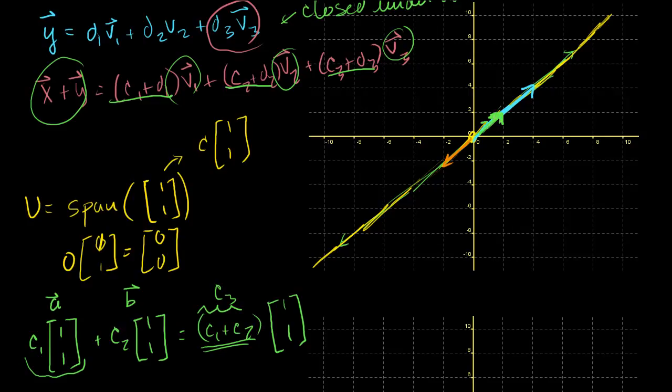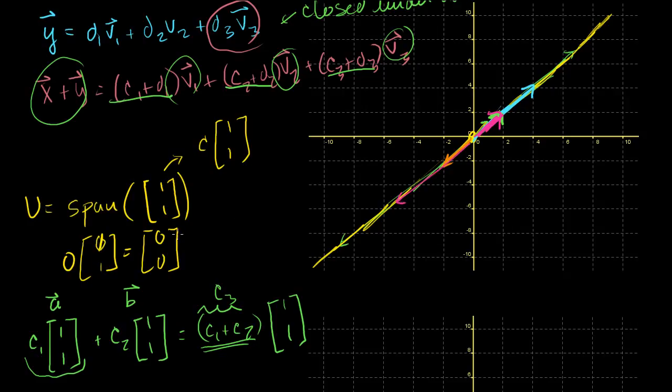I don't know if you can see it. Maybe I'll do it in red right there. You will end up with that vector. Any vector plus any other vector on this line is going to equal another vector on this line. Any vector on this line multiplied by some scalar is just going to be another vector on this line.